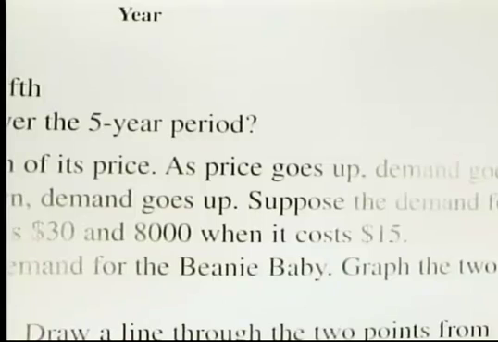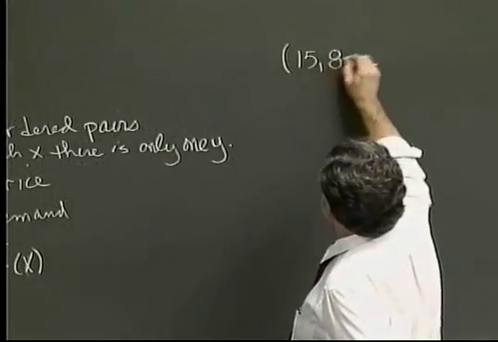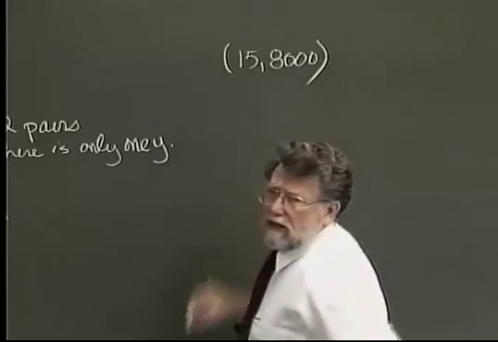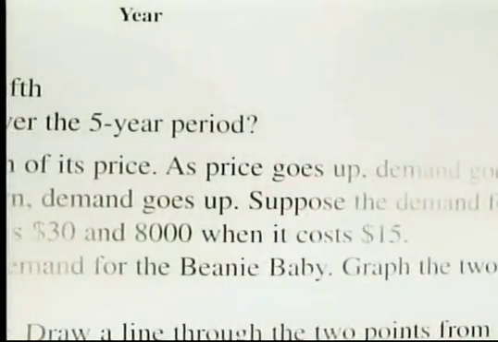I'll leave that there for a moment. I'm going to go over to the sideboard. So I have 15, comma, 8,000, correct? And then I also have 30 and 1,000.